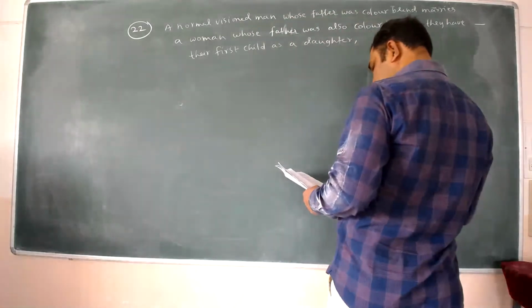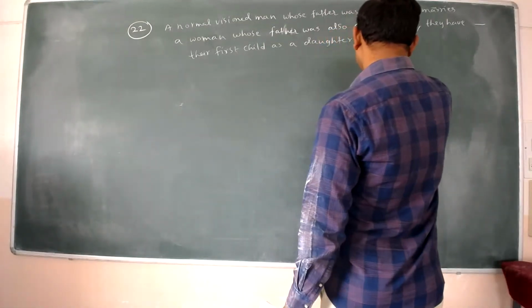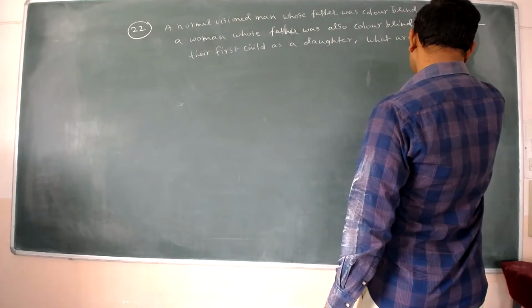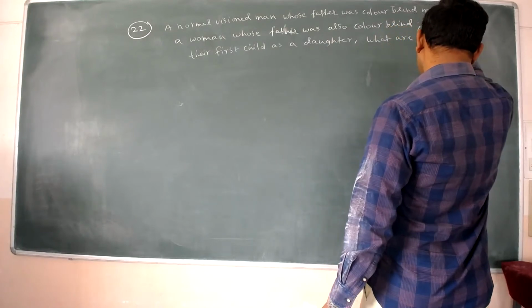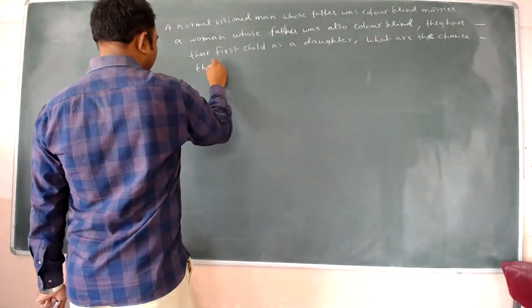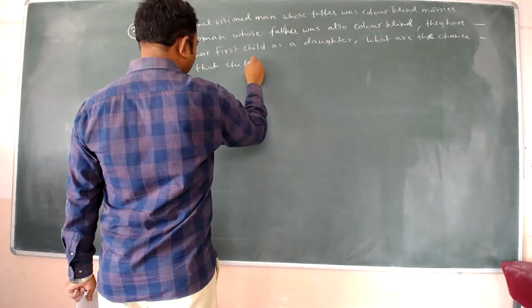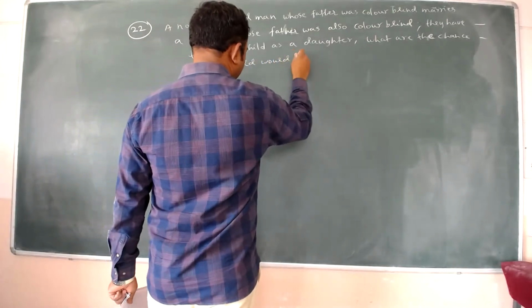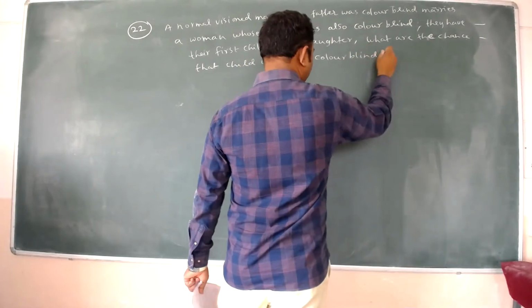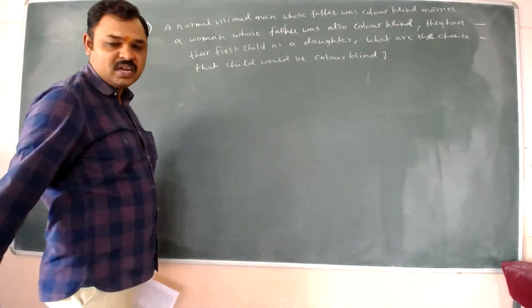What are the chances that child would be colorblind?